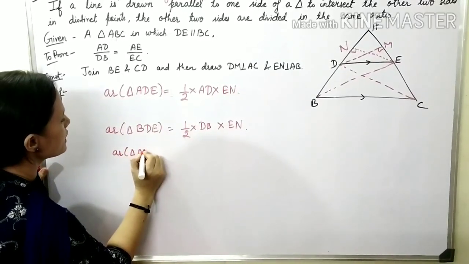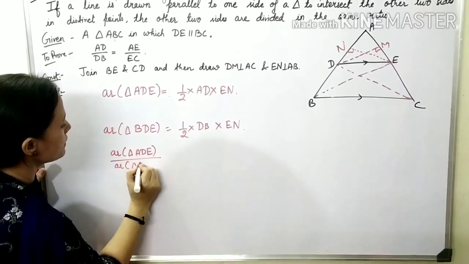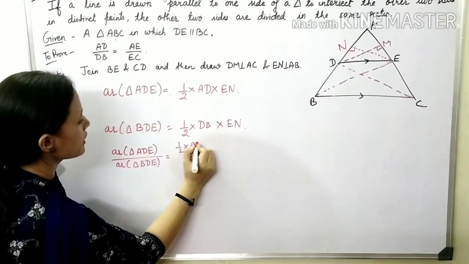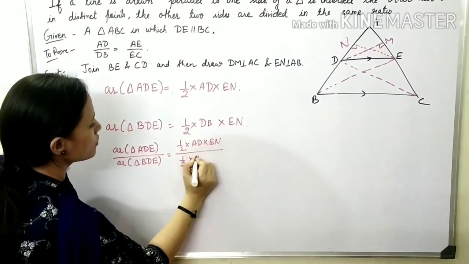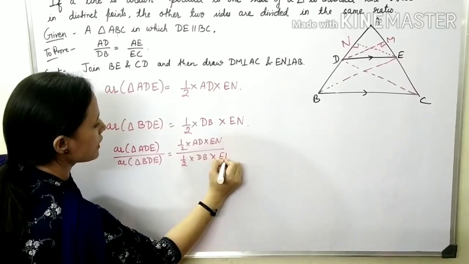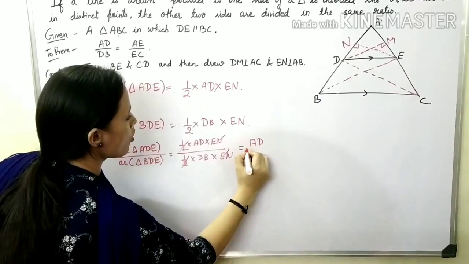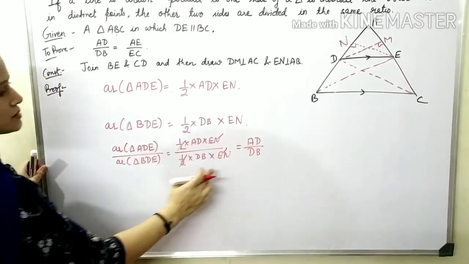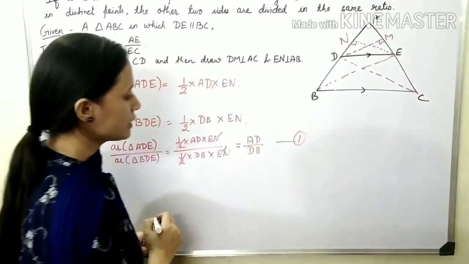Area of triangle ADE upon area of triangle BDE is equal to half into AD into EN upon half into DB into EN. So the ratio of the areas of the two triangles is equal to AD upon DB. Let us take this as equation 1.